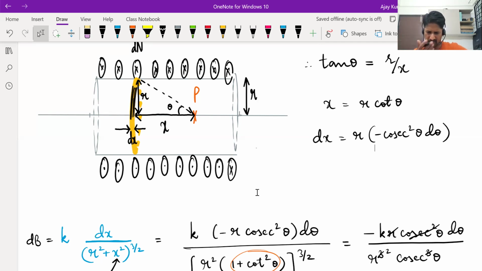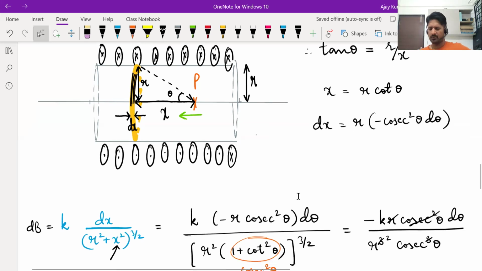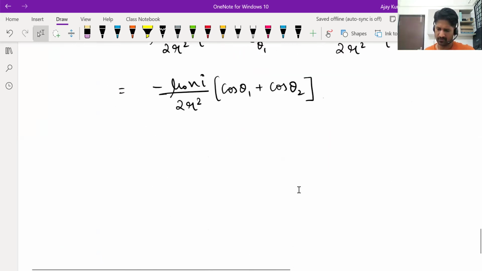Or does the minus just indicate that the field is to the left? That is also okay. That makes sense. Field is to the left, so we got a minus sign. Let it be, not an issue. We'll see if there's any way to remove that minus. For now, the only explanation I see is that the field is to the left, so we got a minus sign.